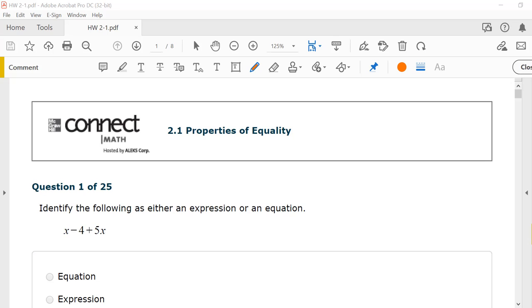All right, let's go look at section 2.1, which is properties of equality. First thing we're going to have to define, number one says to identify the following as either an expression or an equation. An expression is just a sum or difference of terms, where an equation has an equal sign.